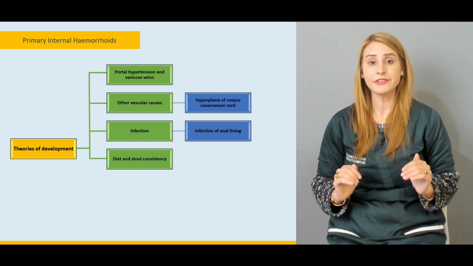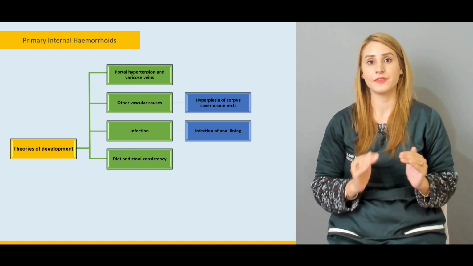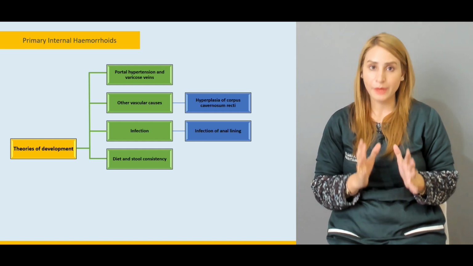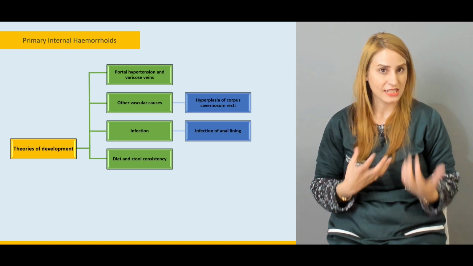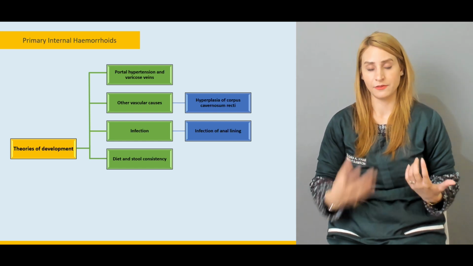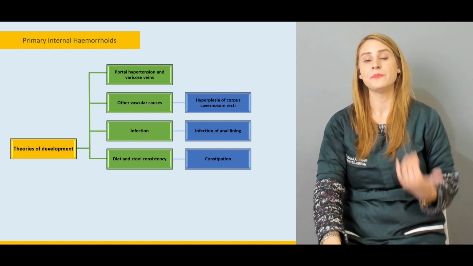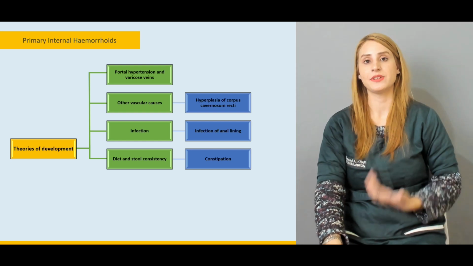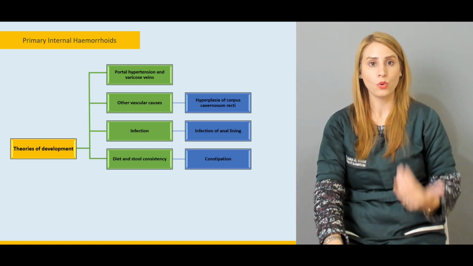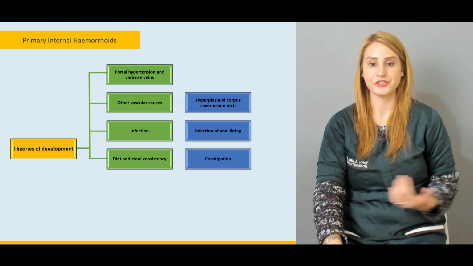And because of that, when you are trying to treat your patient, you are more focused on dietary management, stool consistency and laxatives, and you also advise your patient to increase the water intake, or to have a more fiber-containing diet in their daily nutrition.